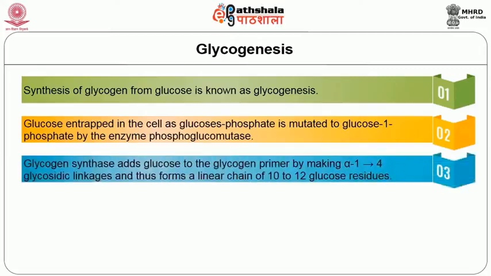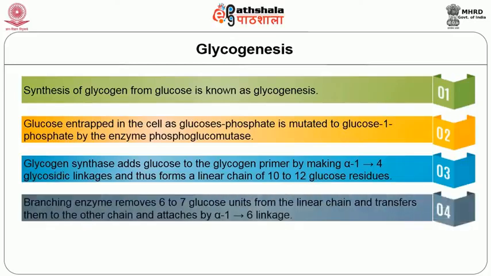Glycogen synthase adds glucose to a glycogen primer with a few glucose units by making alpha 1,4 glycosidic linkages, and thus forms a linear chain of 10 to 12 glucose residues, all linked by alpha 1,4 glycosidic linkages.